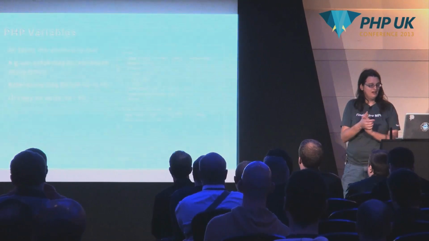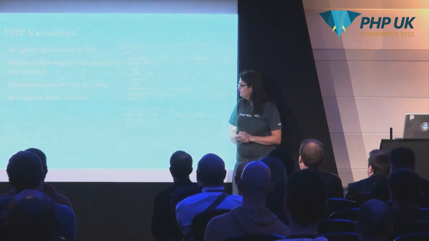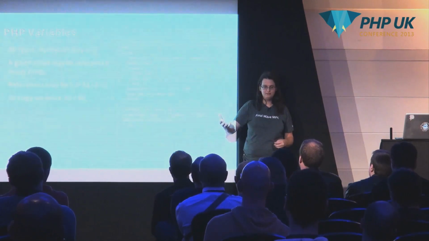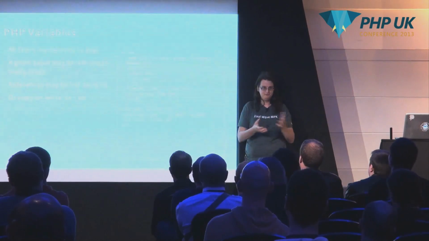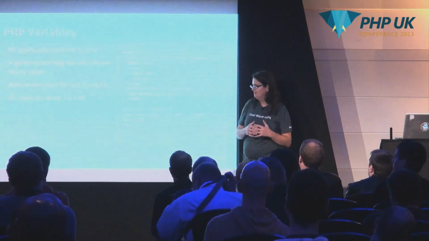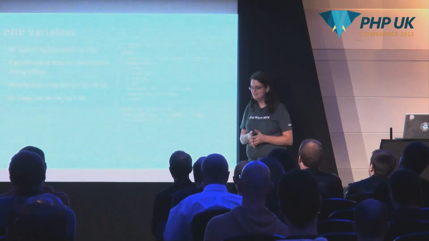Back that up. So ref count and isref. You're familiar from user space with taking variables by reference and taking variables by value, right? Got the ampersand in there? Technically, every variable in PHP is a reference of some kind.